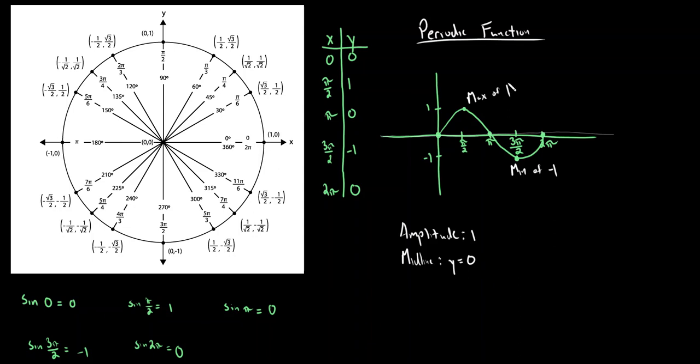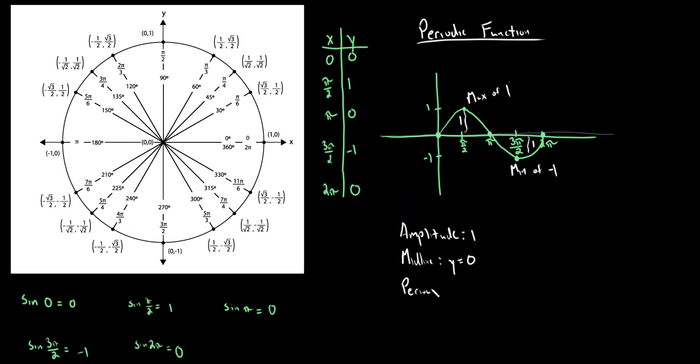If I did 1 plus -1, I get 0. Cut that in half, I still get 0. So y equals 0. And that also bodes well because our maximum, we traveled up 1 from that midline, and the minimum, we traveled down 1 from that midline. So that's another way we can talk about amplitude. So it has an amplitude of 1 and a midline of y equals 0.